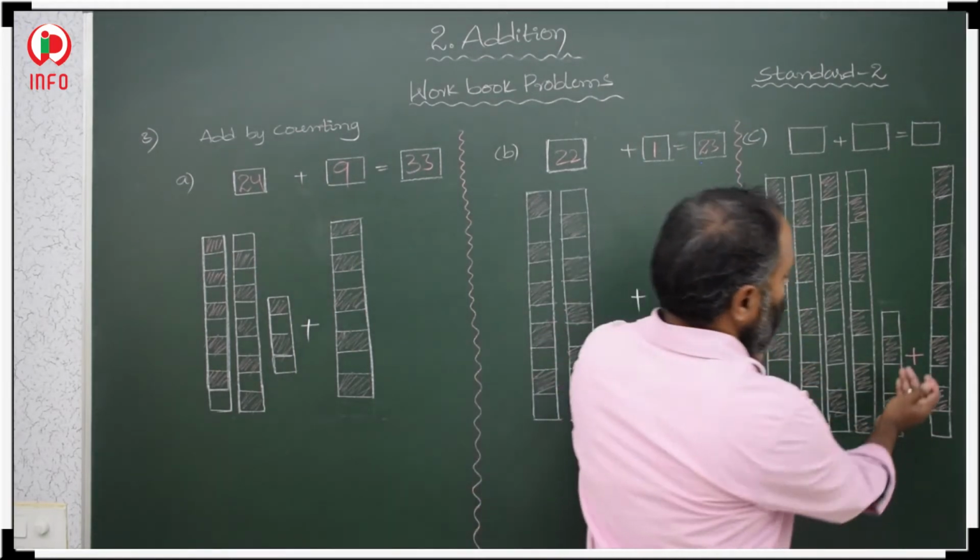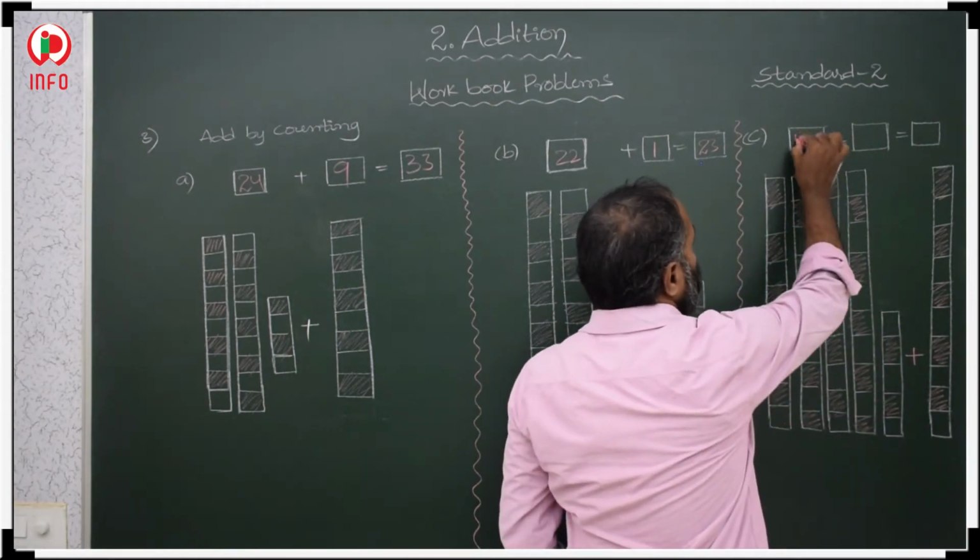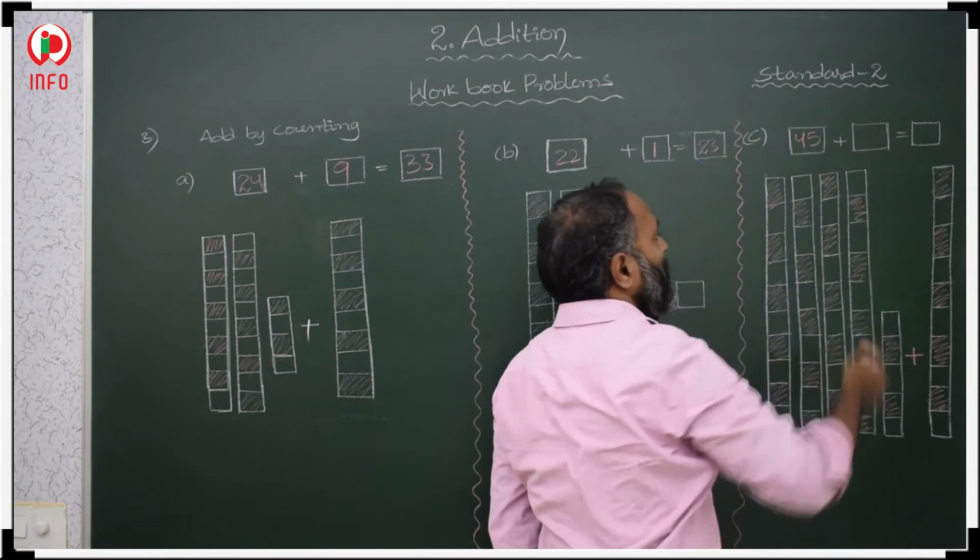In the complete first set, how many boxes were there? 45. You have to take 45 here.